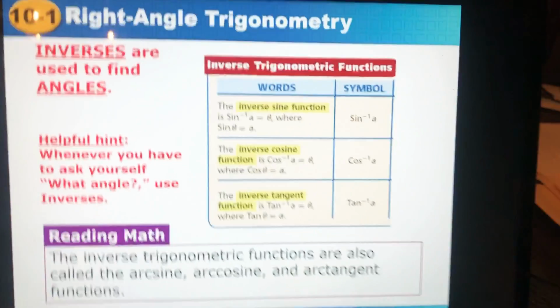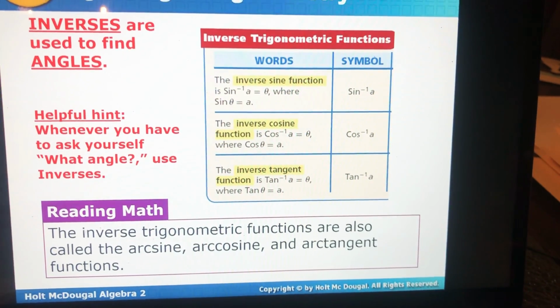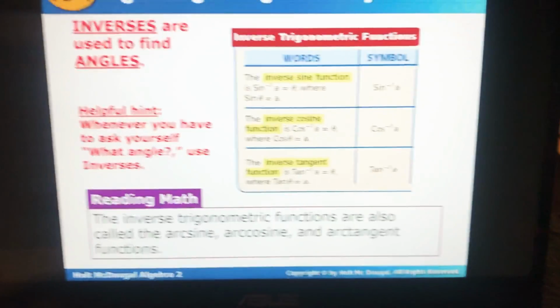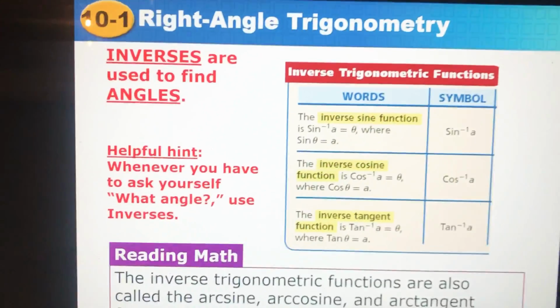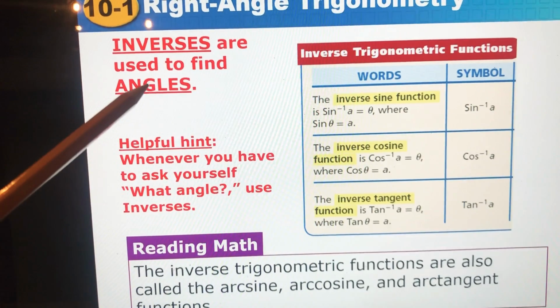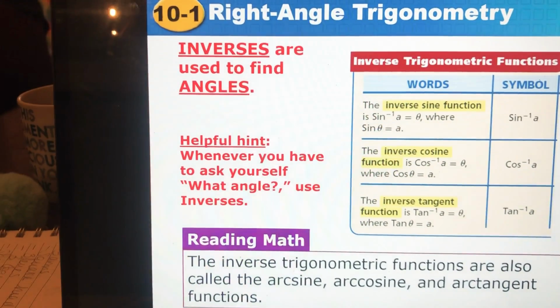So today we are going to be doing a lesson on trig inverses, okay? Inverse trigonometric functions. All right, so I have here a little chart that I guess I could put up. I'm not sure you really will need it, but inverses are used to find angles, okay? As we learned about inverses in the past, it's kind of like the undoing.